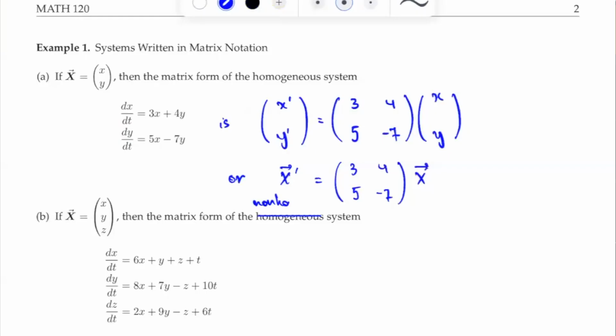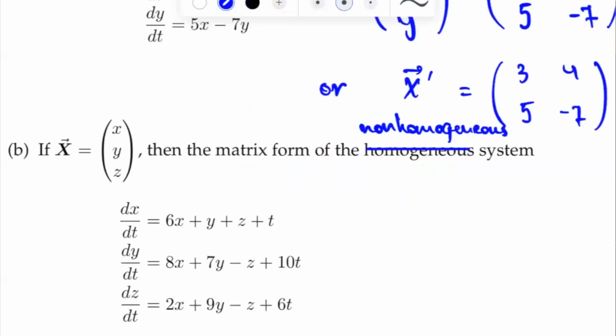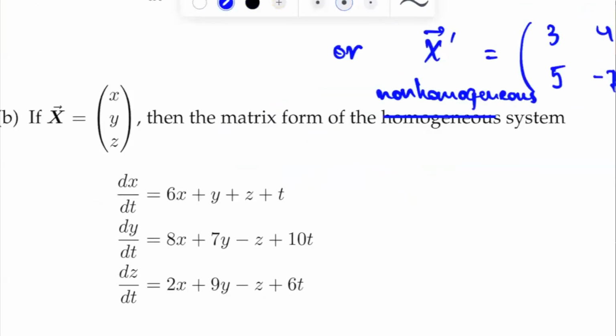When you look at the system, you will see that on the right-hand side, not only do you have x, y, and z, which are dependent variables, you also have a plus t in the first equation, plus 10t in the second equation, and plus 16 in the third equation. Those are the forcing terms or the external force applied to the system, and therefore the system is non-homogeneous.